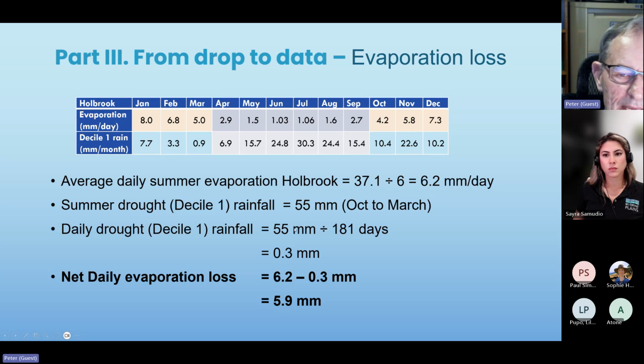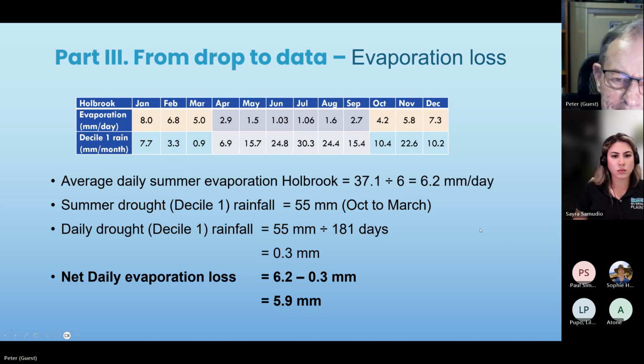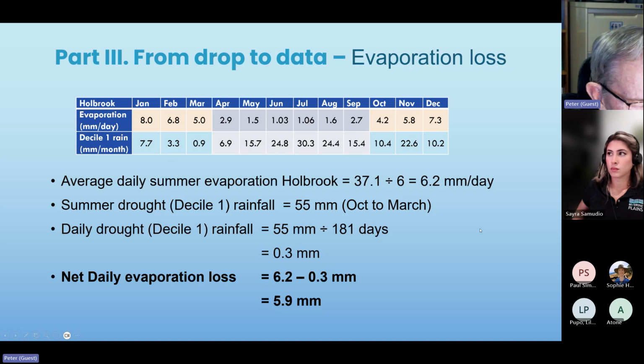To get it on a daily basis, 55 divided by 181 gives us 0.3 millimetres. So that's our average decile 1, or our average drought rain, 0.3 of a millimetre per day. So the overall result is our evaporation is 6.2 minus 0.3 is 5 millimetres of evaporation per day. You can't see that, it's just disappearing, and it's happening every good sunny day.